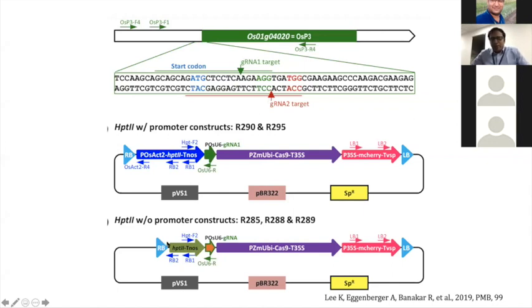But we found that the construct without the promoter was integrated more frequently than the construct with the promoter driving the selectable marker. So this is a feasible approach where we demonstrate that we can land the T-DNA in the site that we wanted to land.